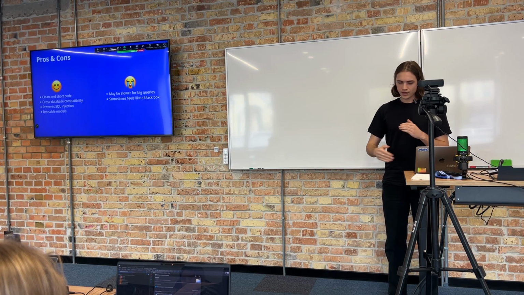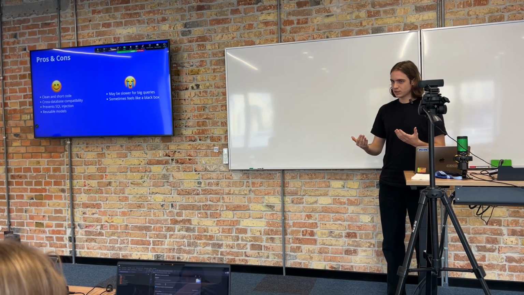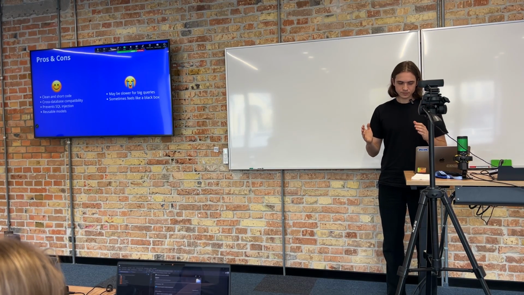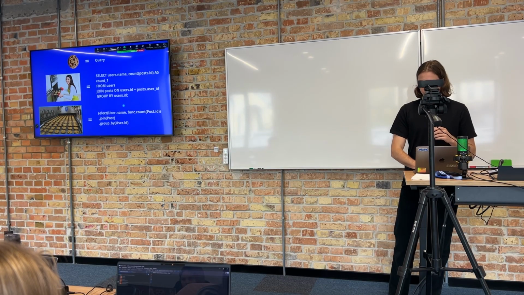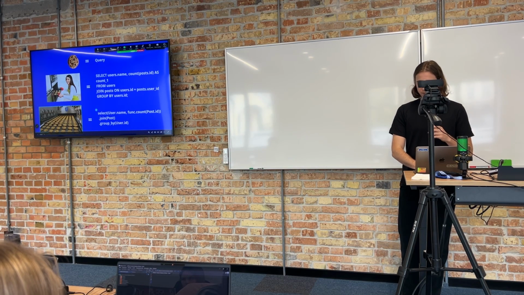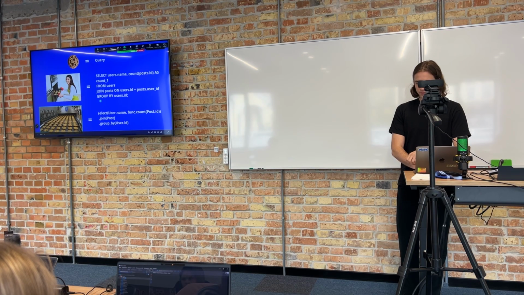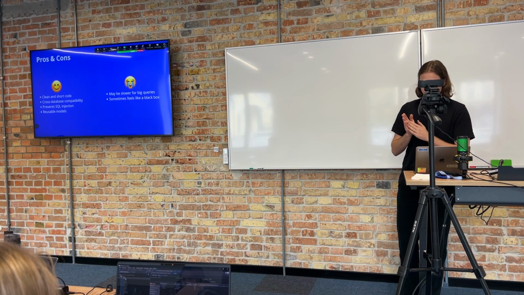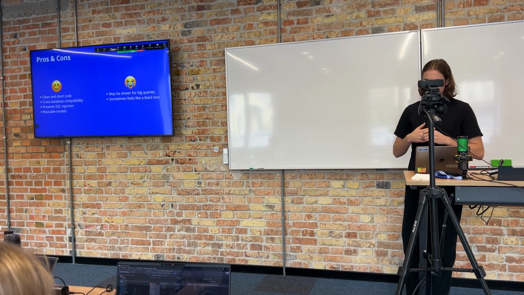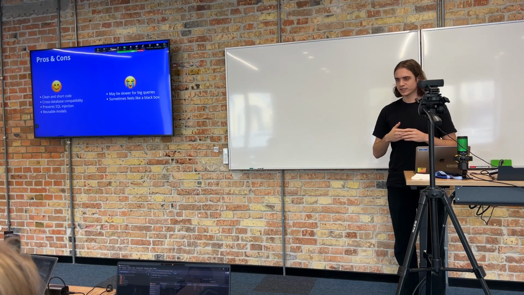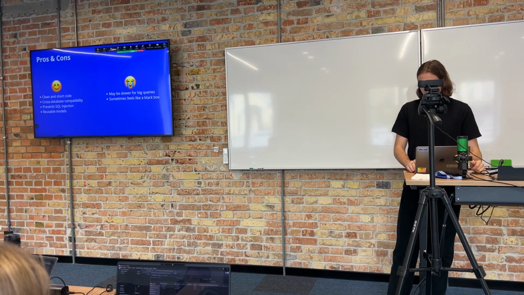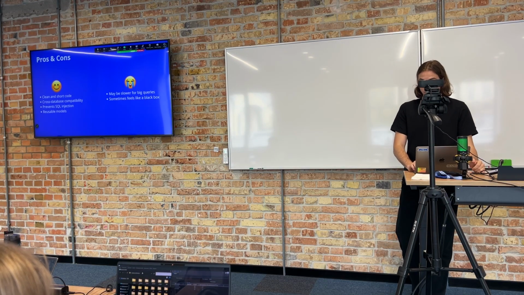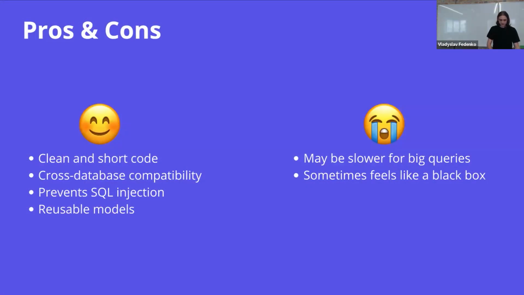It's also okay, and ORM gives this possibility to create queries not using this fancy declarative style, but using raw SQL. And sometimes it feels like a black box, but I think FastAPI may feel like a black box, or anything may feel like a black box. I don't think it's a real con, but it's a con.